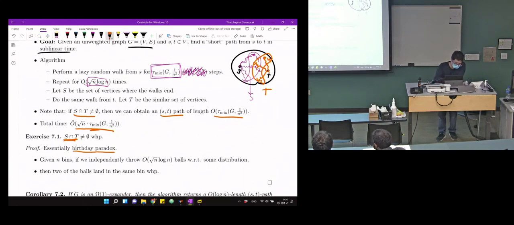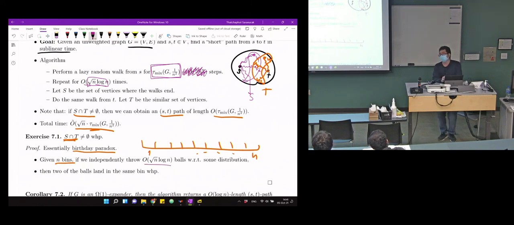If you recall the birthday paradox, if you have n bins, from 1 to n, and you throw something like square root n balls into these bins randomly, then at least 2 balls are going to land in the same bin.